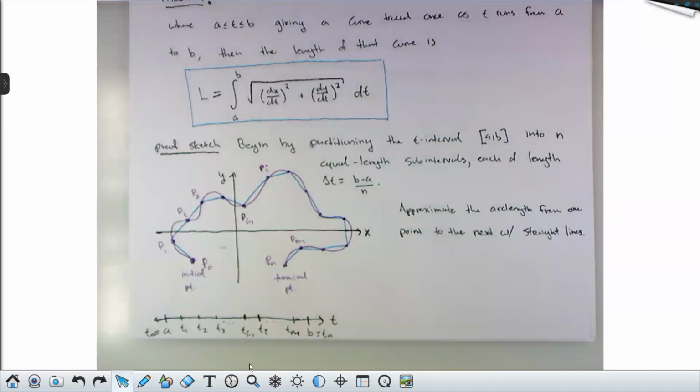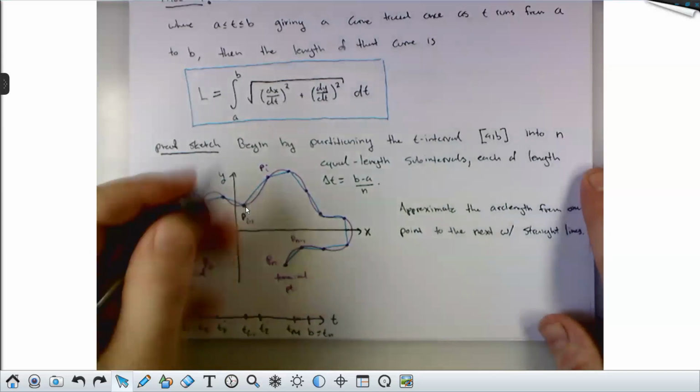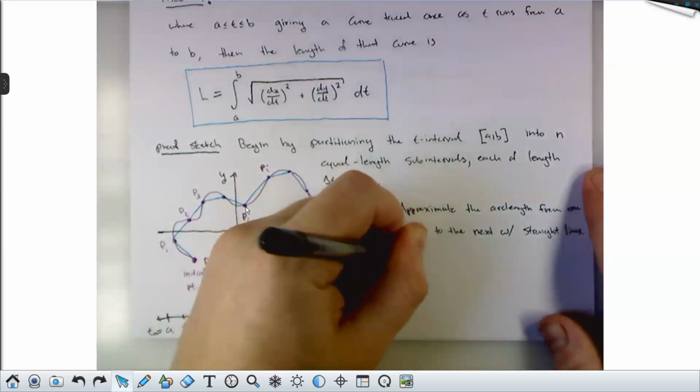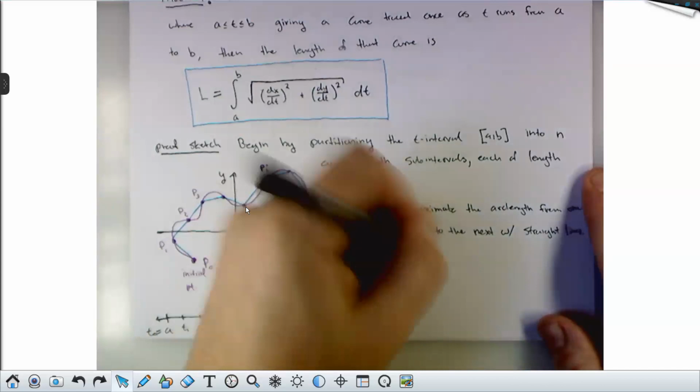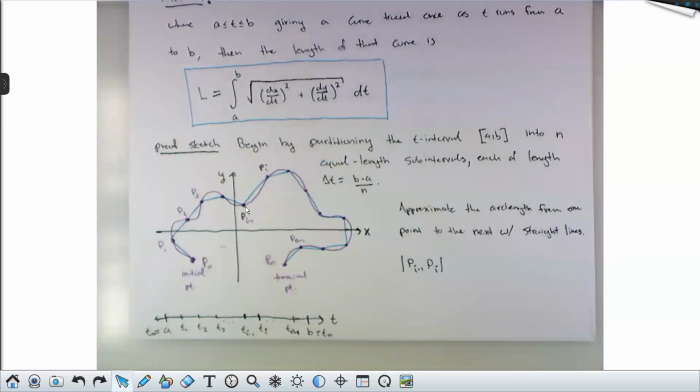The reason I gave myself two generic t values is so I would have two generic points. The straight line distance from Pi minus 1 to Pi, I'll denote like this. That's the distance from this point to this point, the blue straight line.